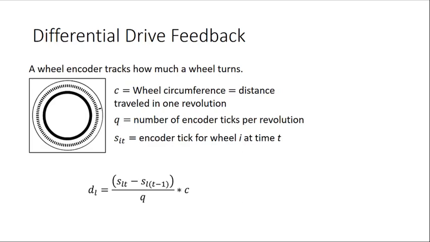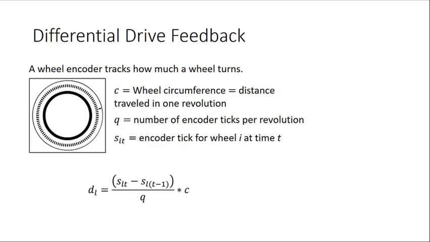So if we want to get the distance that the left wheel has traveled, dl, we're going to say S_l,t, so the encoder tick we just got on the left wheel at time t, minus the previous encoder tick that we got. So kind of like the delta S, basically.